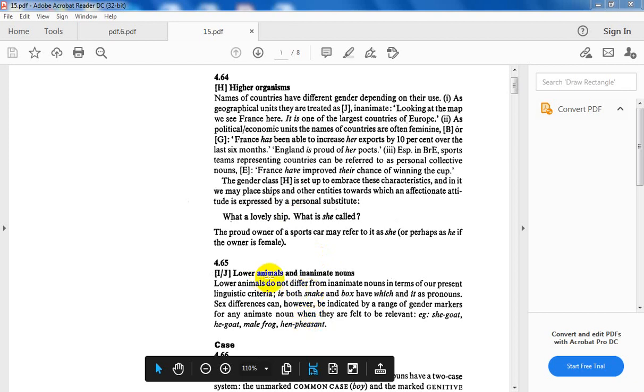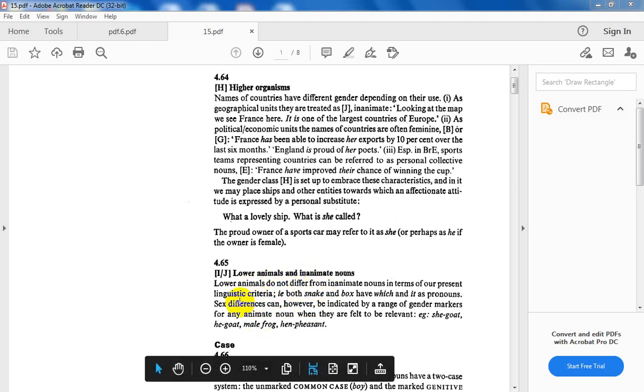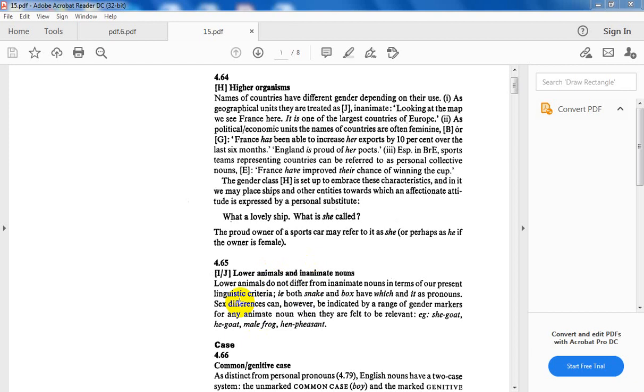Lower animals, meaning invertebrates, such as snakes and bees, ants, and inanimate. Of course they are put together because they do not differ from inanimate nouns in terms of our present linguistic criteria.